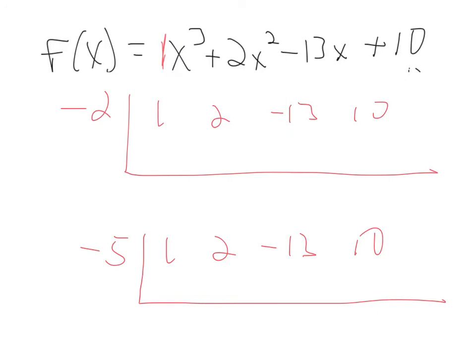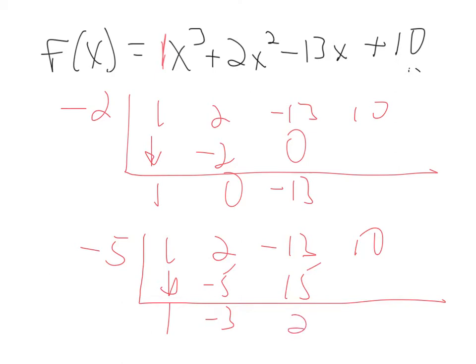So I decided to test negative 2. So bring down the 1, that's negative 2, that's 0, that's 0, that's negative 13. That's going to be positive 26. That's done. I'm not even going to finish. Let's try negative 5. Bring down the 1, that gives me negative 5. That's negative 3. That gives me positive 15. So that's 2, that's negative 10. 10 minus 10 is 0.